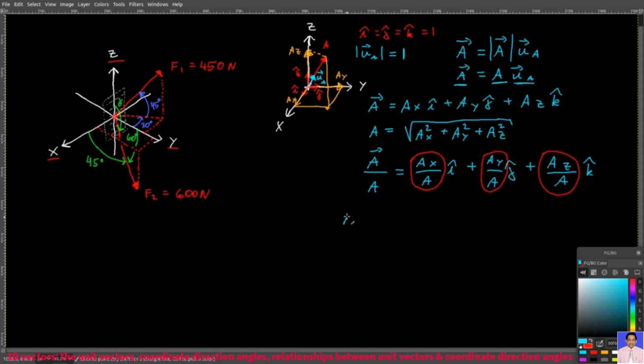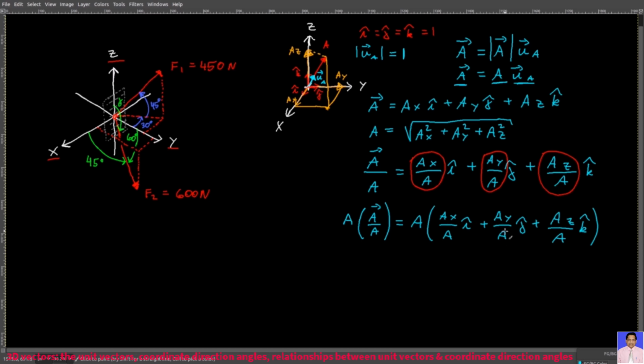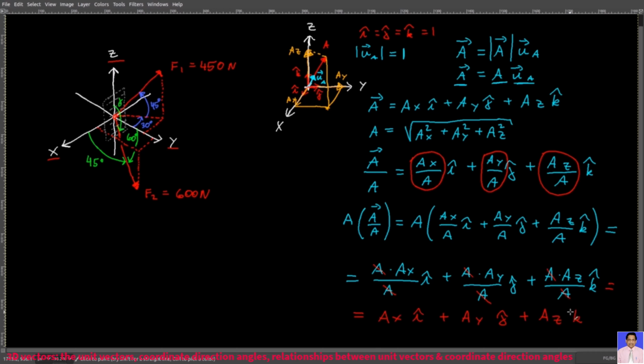And now if I take this A magnitude and multiply it by this one here, then you will have A times all this expression, which equals this one, and so you can cancel out the magnitudes here, and you are left with this expression here. What does it mean?